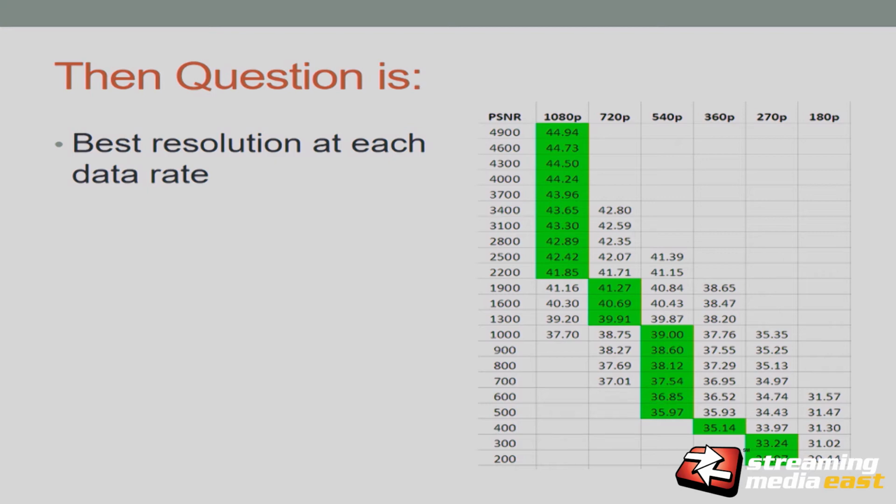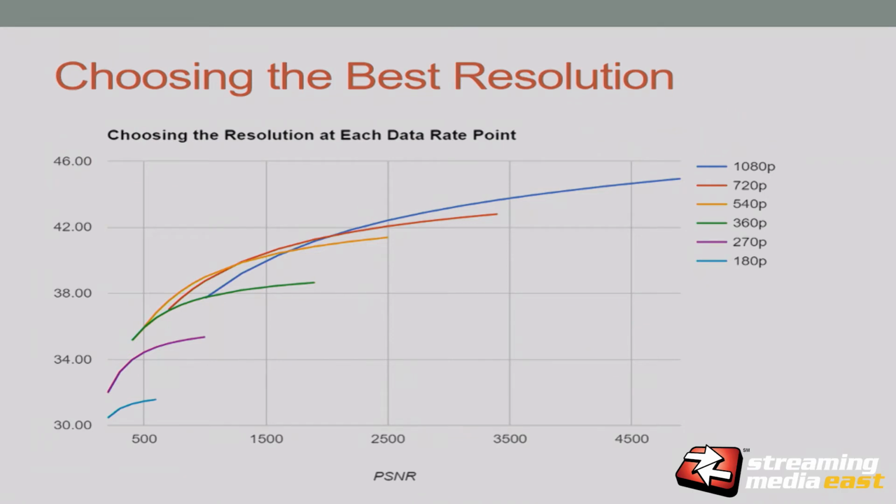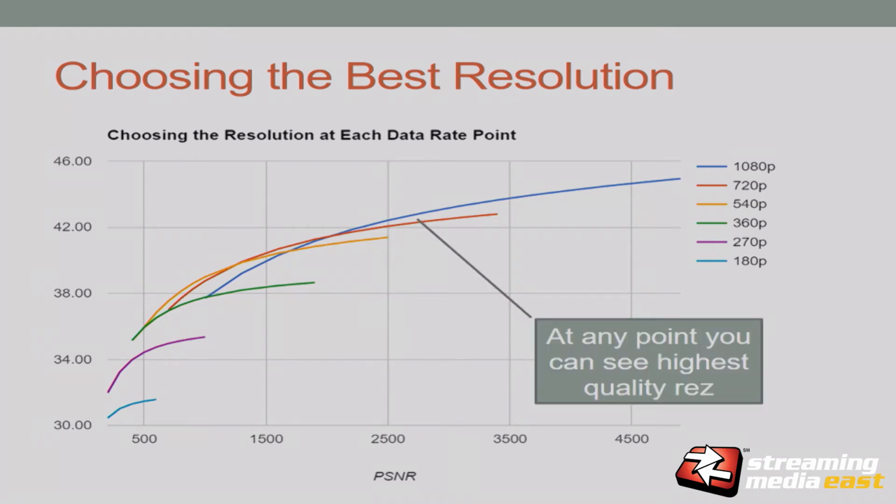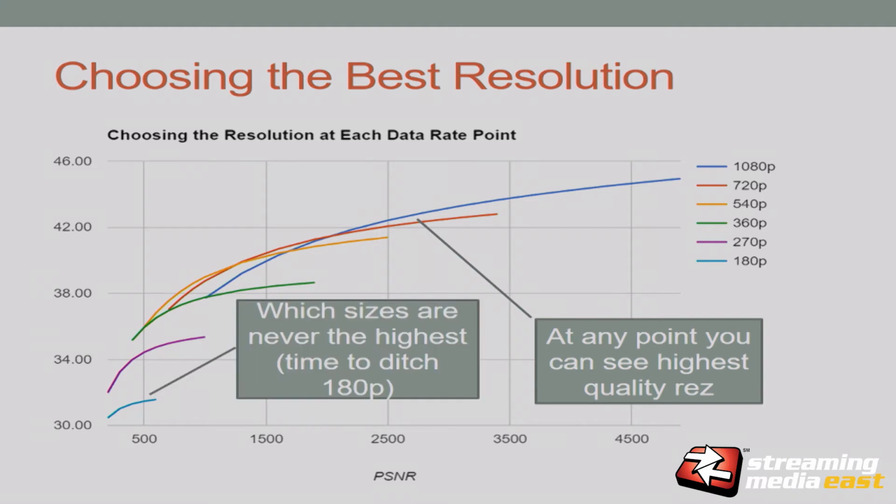So we know immediately at which data rate which is the highest quality alternative, and then we turn it into a chart where we can very quickly say, okay, what's the best stream at 3 megabits per second? Well, it's the 1080p stream. What's the best stream at 1500 kilobits per second? Well, it's the red stream, the 720p stream.